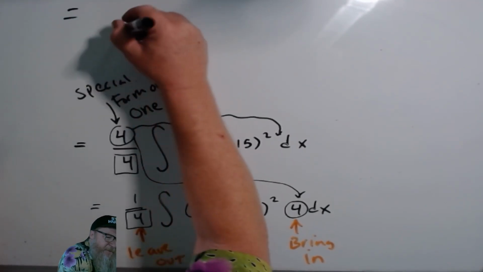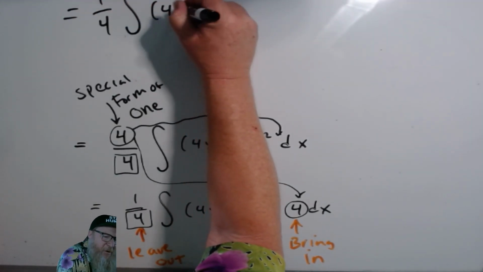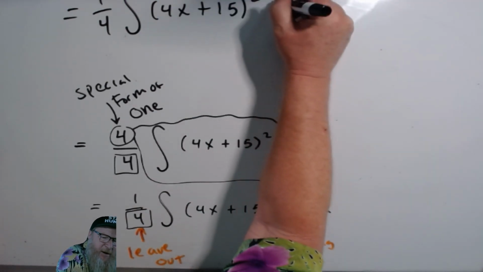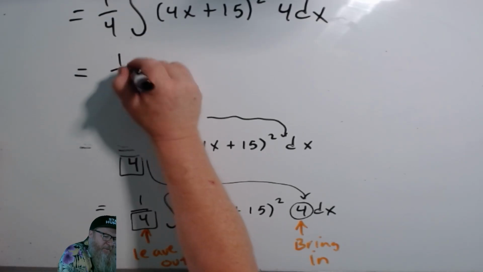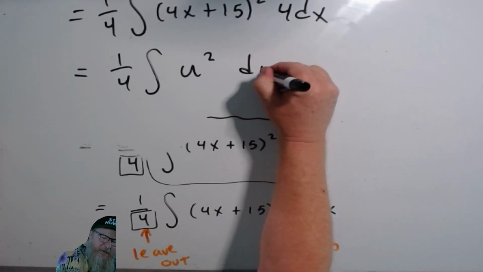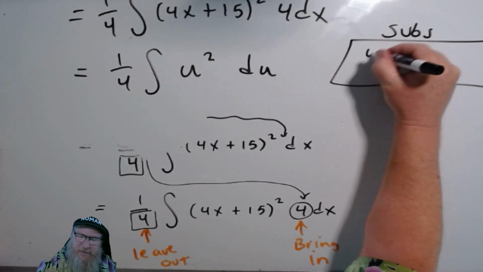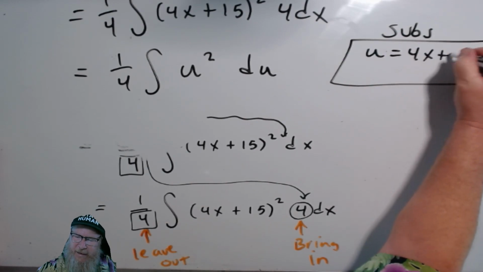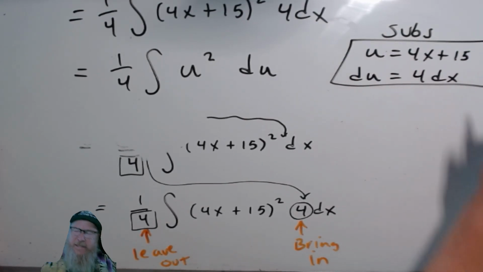So now I have 1/4 times the integral of 4x plus 15 squared times 4 dx. So that's my u squared du. Again, I'm going to write down who my subs are. U was 4x plus 15, and du is 4 dx.